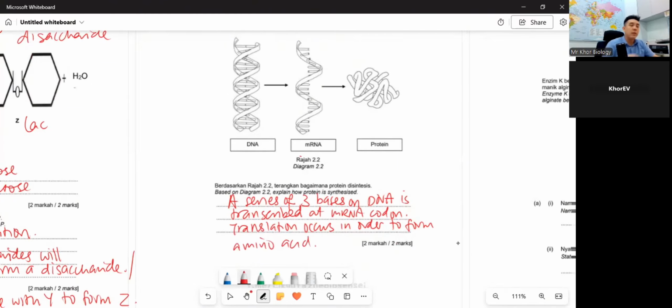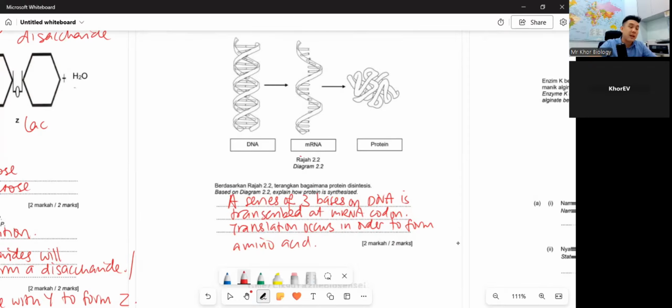The thing about protein synthesis is that it's actually a very long process. In A levels, in STPM, I take about half an hour to 45 minutes to teach this.